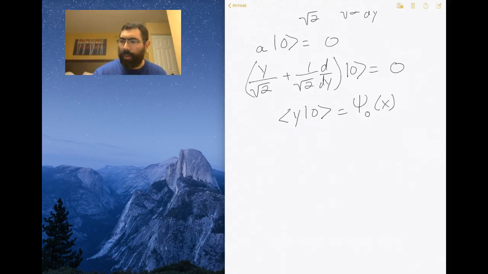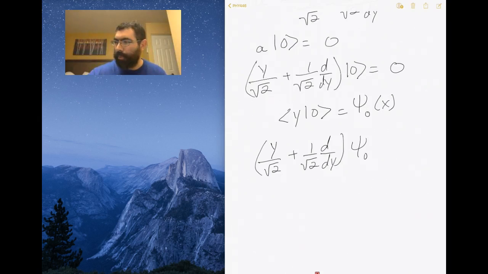So therefore, what we have is y over the square root of 2 plus 1 over the square root of 2 d/dy times the wave function, now not in terms of x but in terms of y, and that's equal to 0. We can factor out the 1 over the square root of 2.